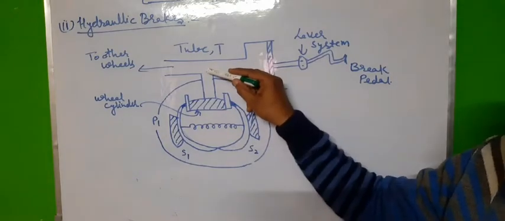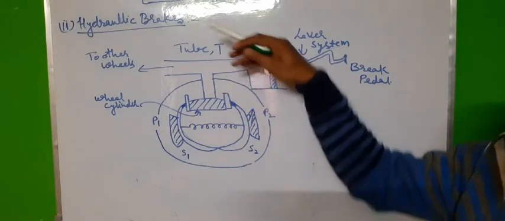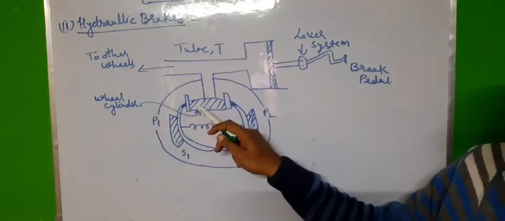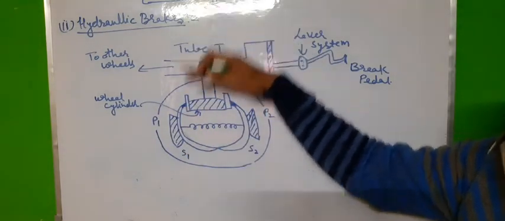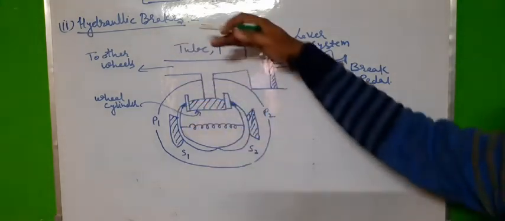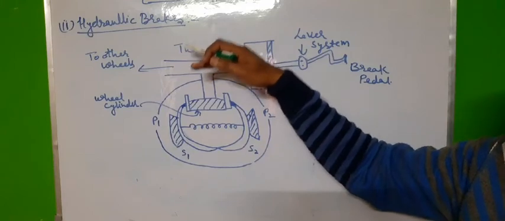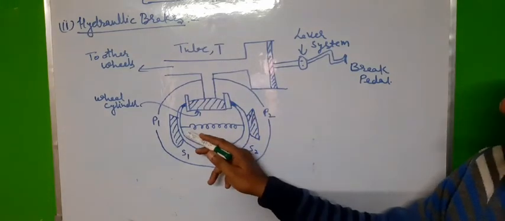Now if the pressure is transmitted, then on this side also it presses this piston, that is the wheel cylinder. What is the wheel cylinder? That pressure pushes the wheel cylinder, and as this force presses the wheel cylinder, what will happen?